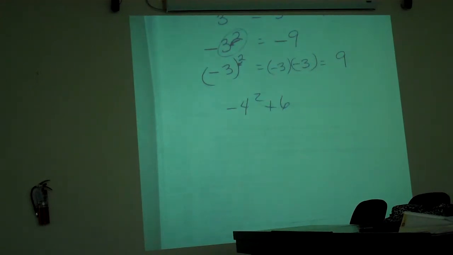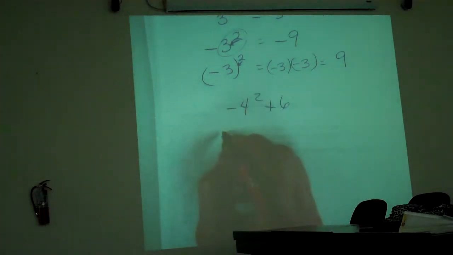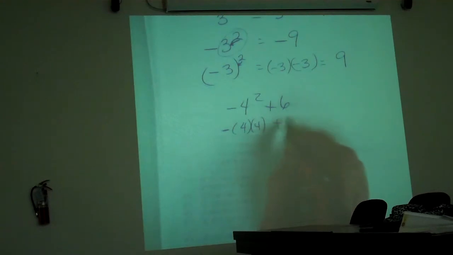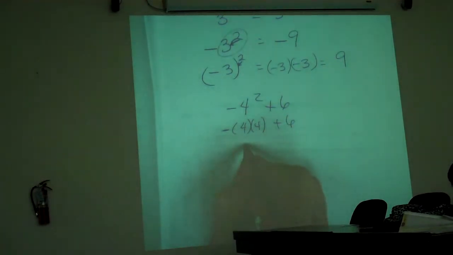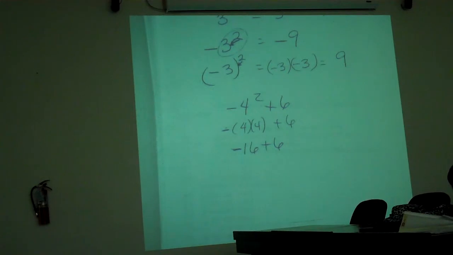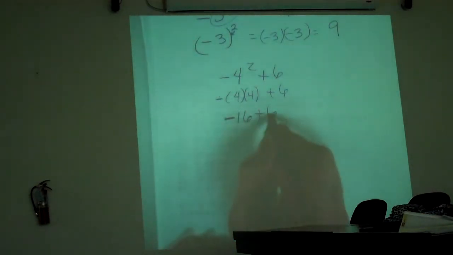Is the negative part going to be squared? No, just the 4 part. So this would be negative 4 times 4, right? So what is 4 times 4? 16, and you have the negative there. Plus 6, negative 10. If they're different signs, keep the sign of the larger and subtract.